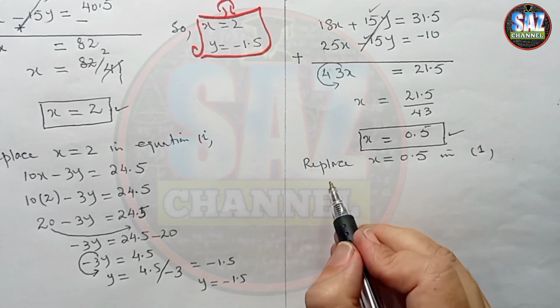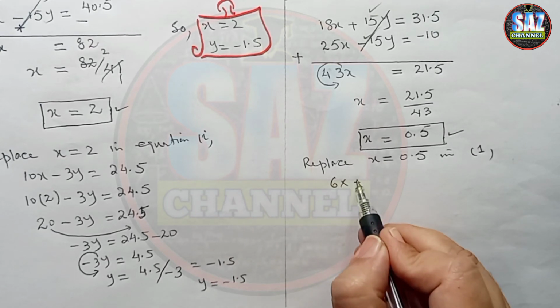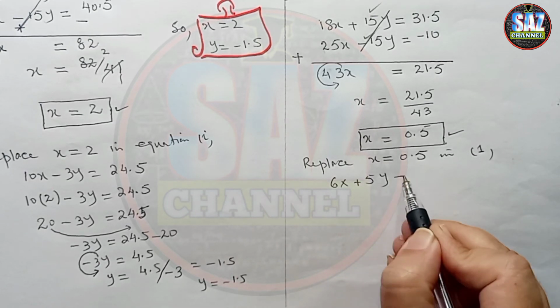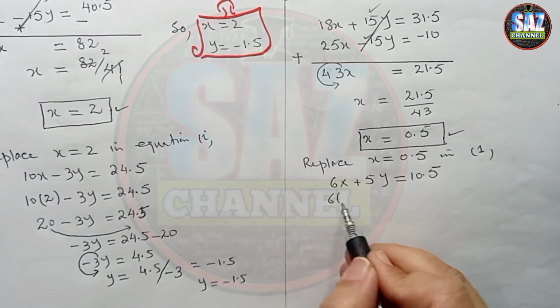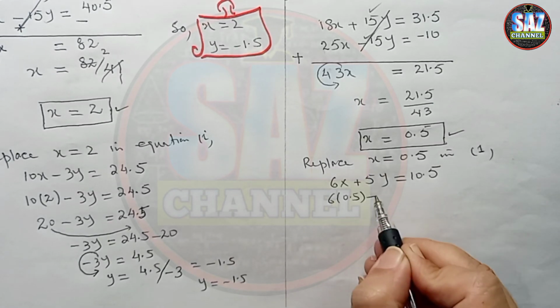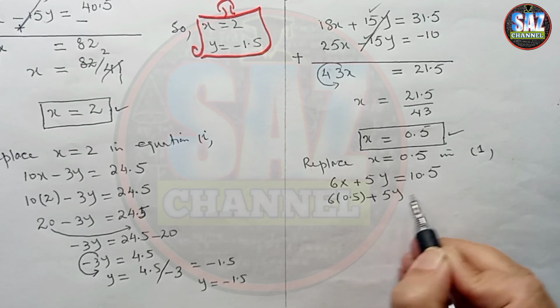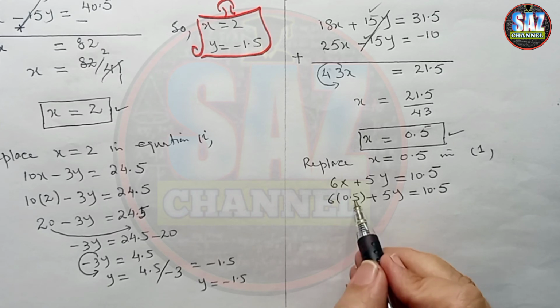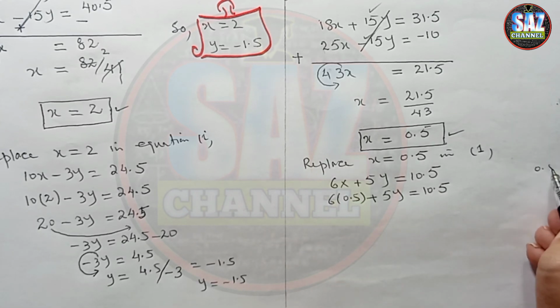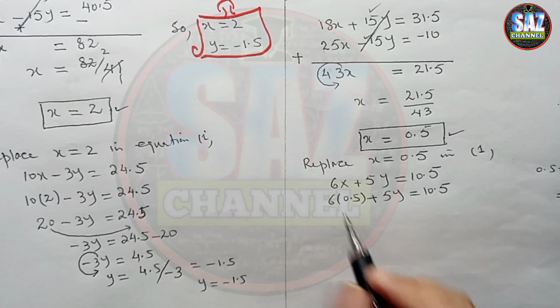So the equation will take the form 6x plus 5y equals 10.5. 6 into 0.5 plus 5y equals 10.5. 6 multiplied by 0.5 is 3.